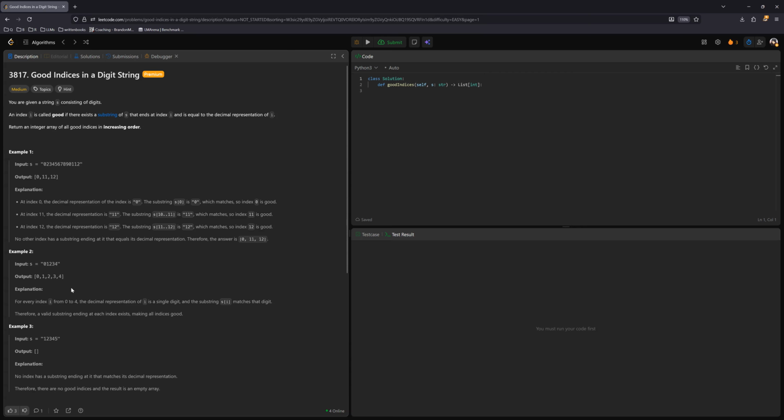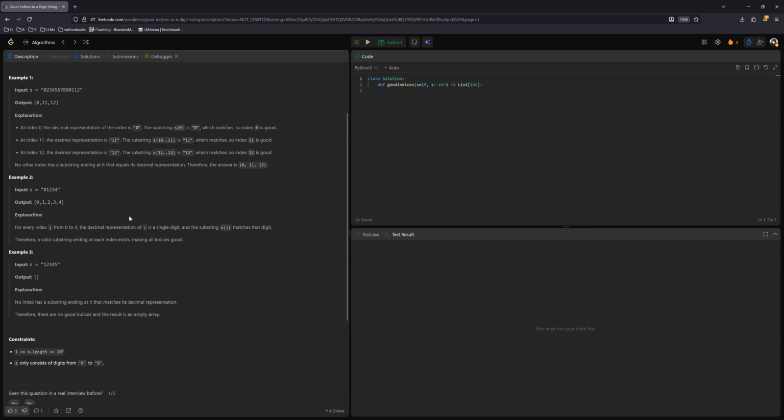Okay. So I think we need to do all of the different lengths of I as we scan, right? S of length is at most 10 to the 5th.